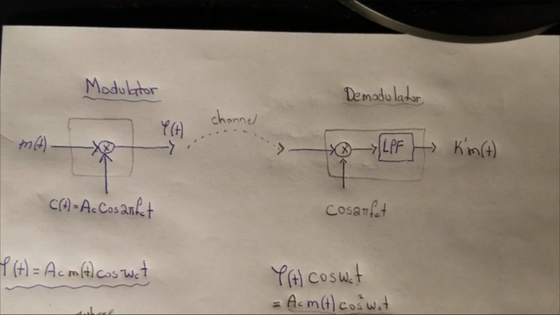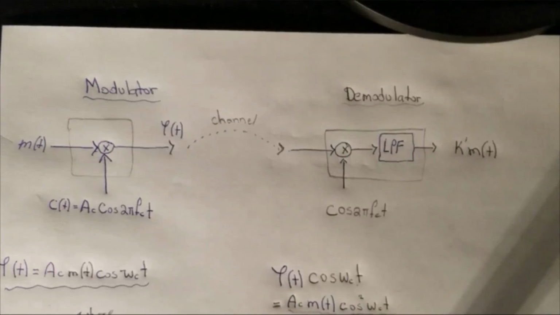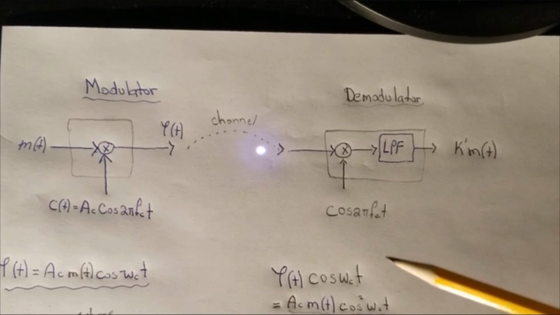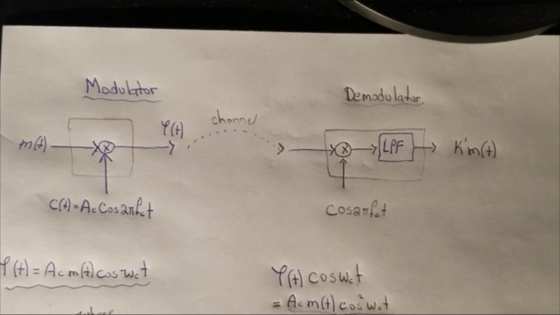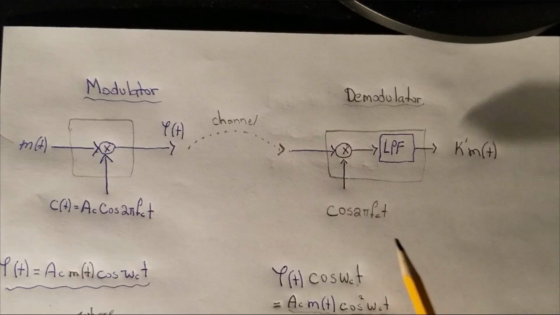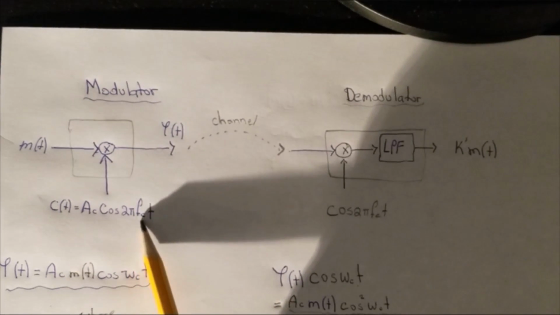Now, the output of the modulator, phi of t, is to be transmitted via some channel, most likely over the air in a radio station, but it could be in coaxial cable or any other medium. Again, the task is to demodulate the signal. The demodulator must operate at exactly the same frequency as the modulator.